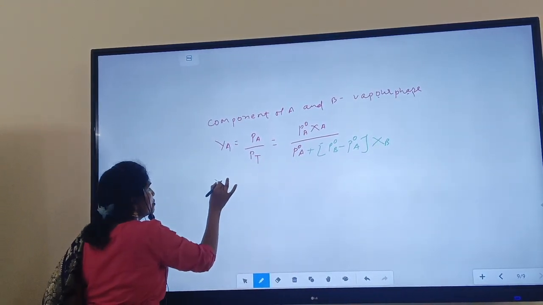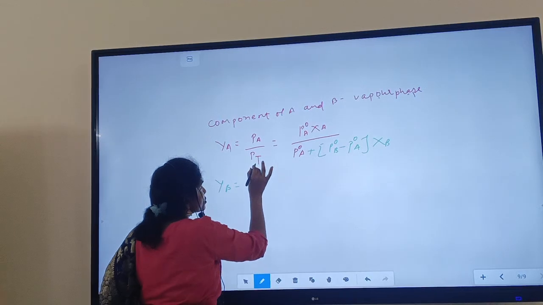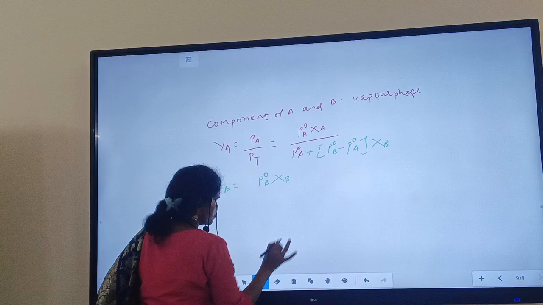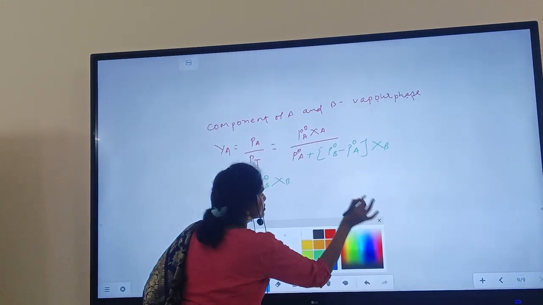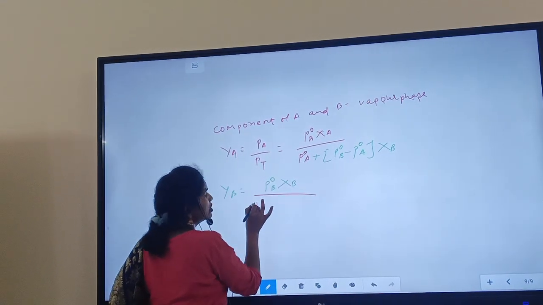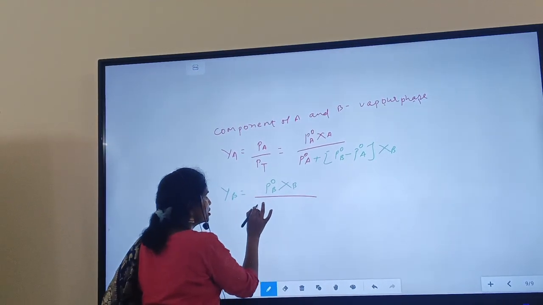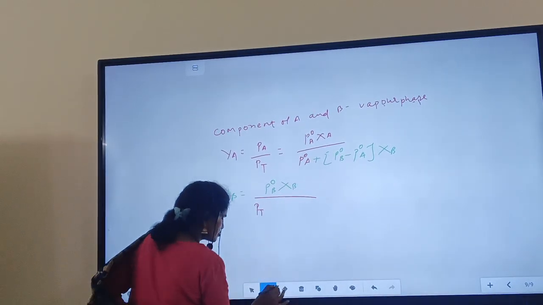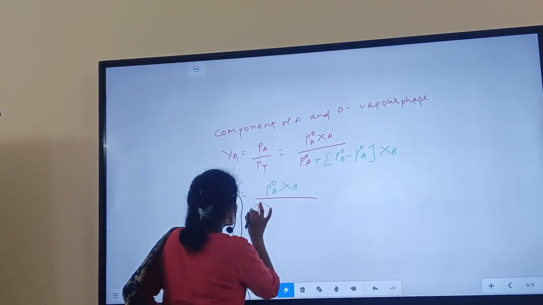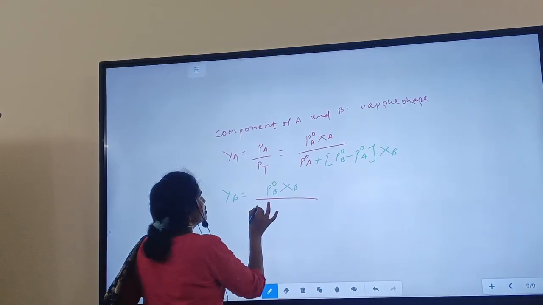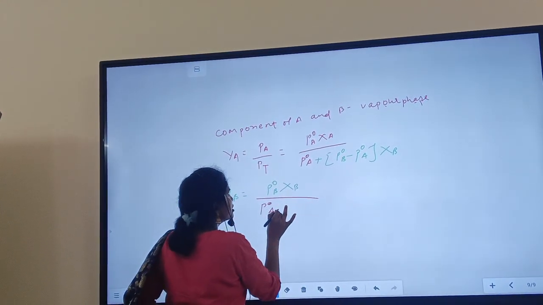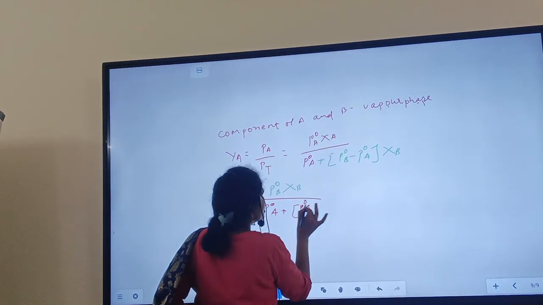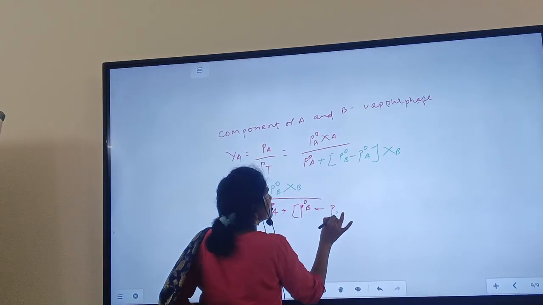In the same way, YB is equal to P naught B into XB upon P total.